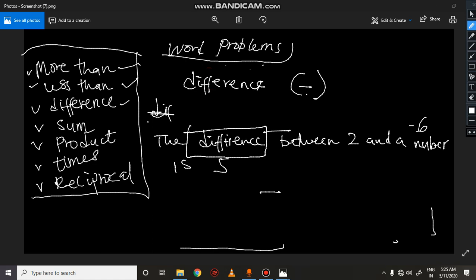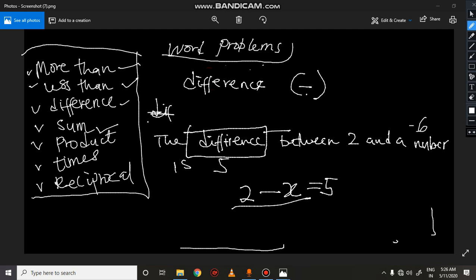So between 2 and the number: first comes 2, and the number I don't know, so I represent it by x. This is how you're going to write it. Then it said the result is 5, so it's 5. I hope it's clear. Difference means minus. Whenever you reach difference in a word problem, you write your negative sign, then you continue to read what is left.